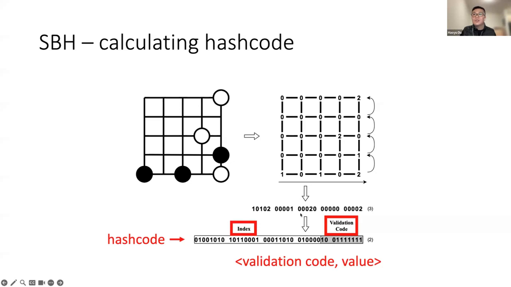We can flatten this 2D array into a string. We can interpret this string as a base 3 number. Then we can also find the corresponding base 2 number of this string. This base 2 number is basically the hash code. In solving 5x5 NoGo, the hash code consists of 40 bits. We use the first 30 bits as the index, the last 10 bits as the validation code.